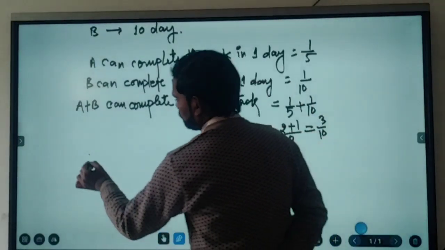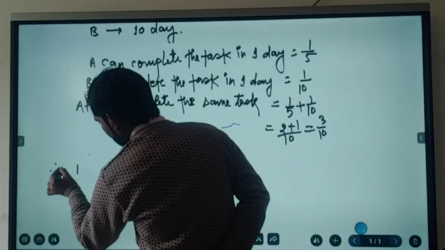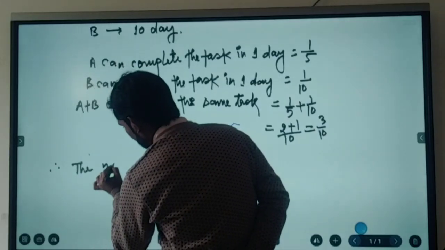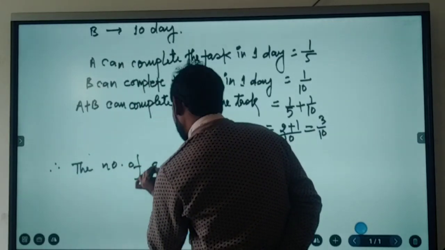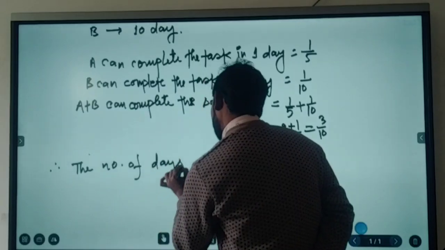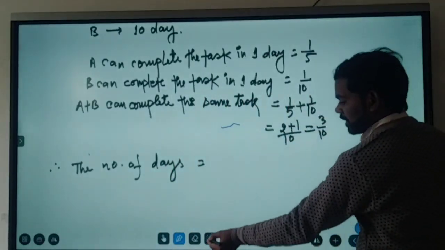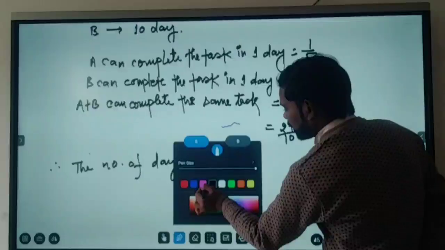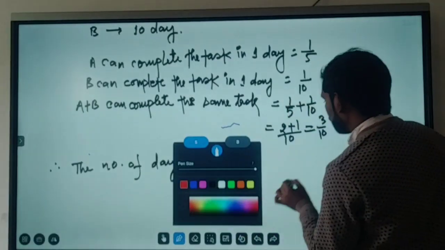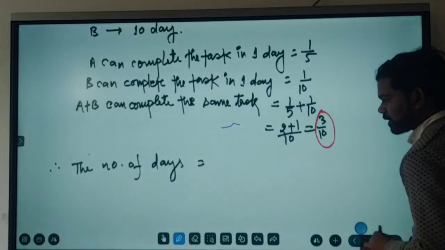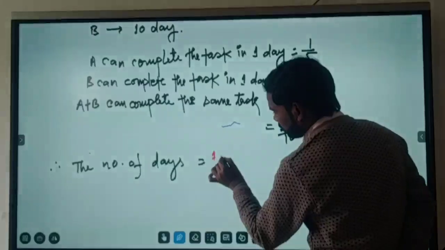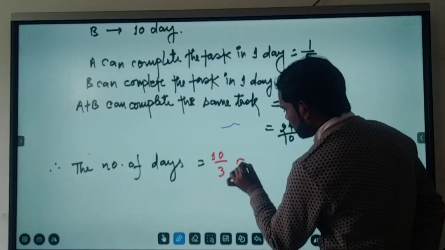Therefore, the number of days will be equal to the reciprocal of the task completed by A and B in 1 day, which is 3 by 10, and this is equal to 10 by 3 days.